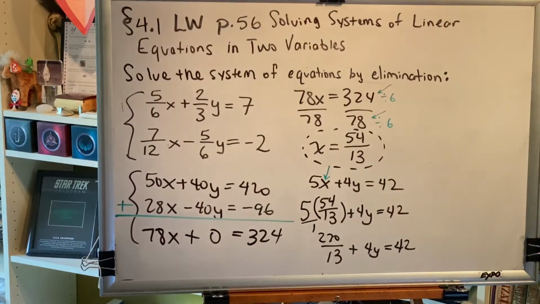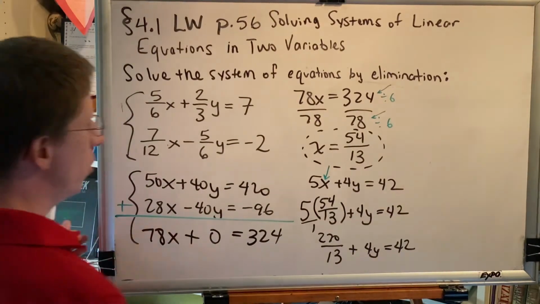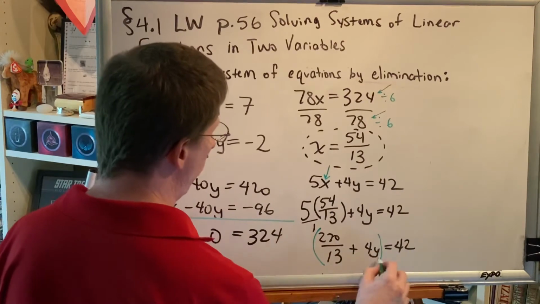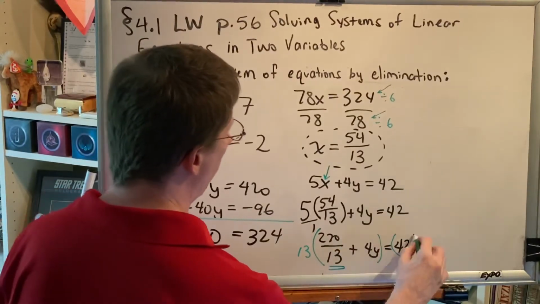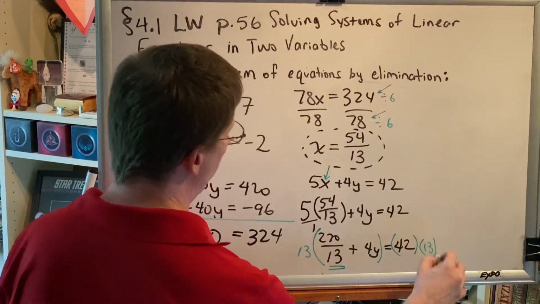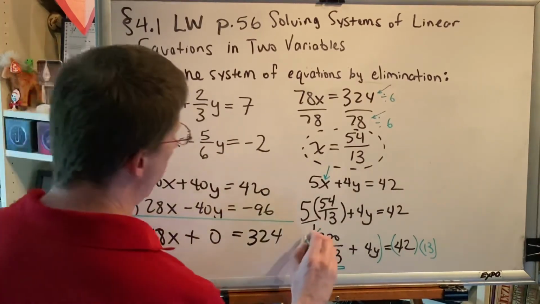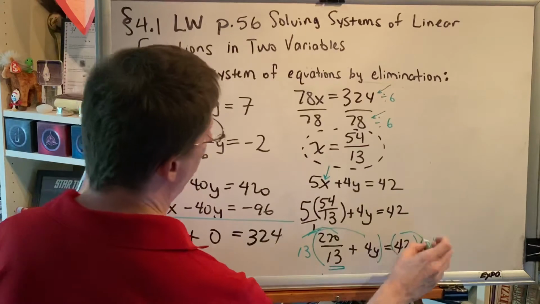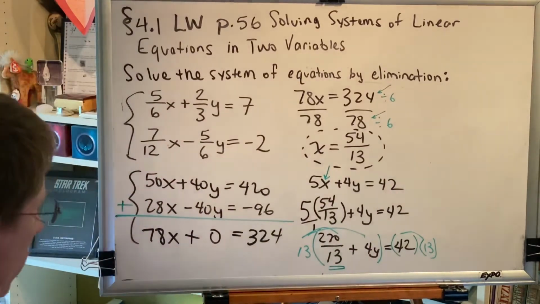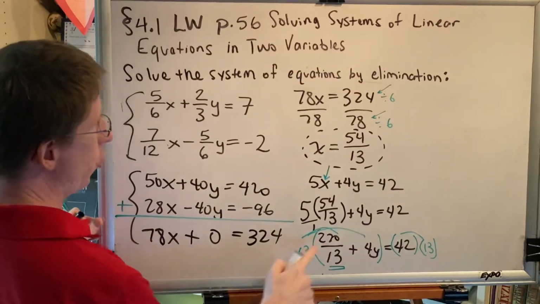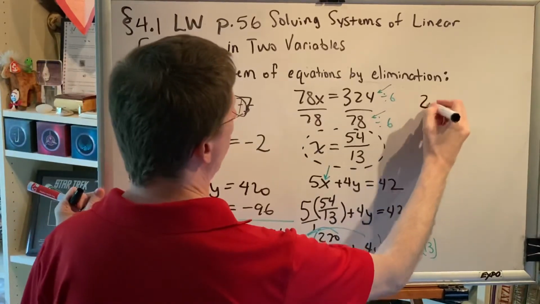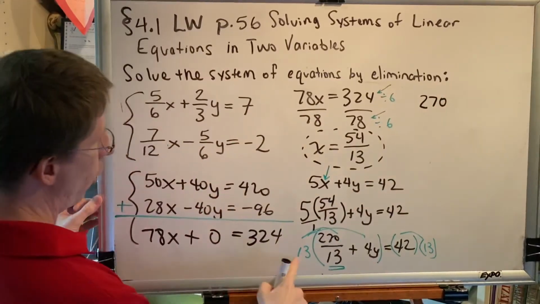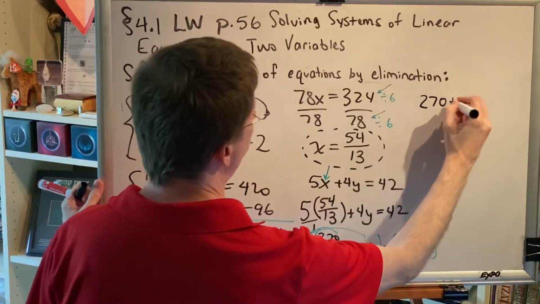Once again, we find ourselves with fractions. So we clear them just as we did before. The least common denominator is 13, so we multiply both sides of our equation by 13. On the left, we have to distribute. On the right, we simply multiply. All right, when a 13 distributes to the 270 over 13, the 13s cancel, and we're left with 270. 13 times 4y is 52y.